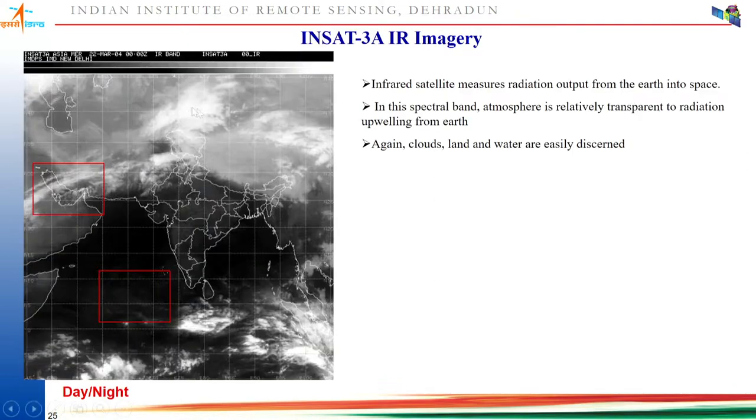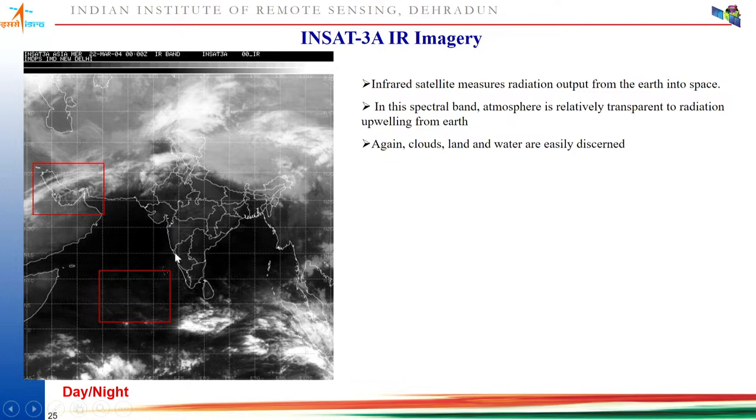But here the reflection from the cloud is less, so it will be dark, and land will be bright. But due to our uniformity in seeing the clouds as white, and the habit of seeing white, we have inverted it. So opposite: low temperature we have made high, that is white color, and high temperature we have made low, that is black. So here we see this is low temperature, but this is white. So this is cloud.